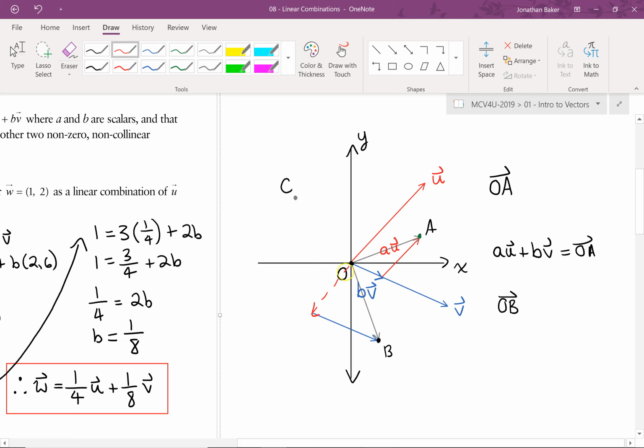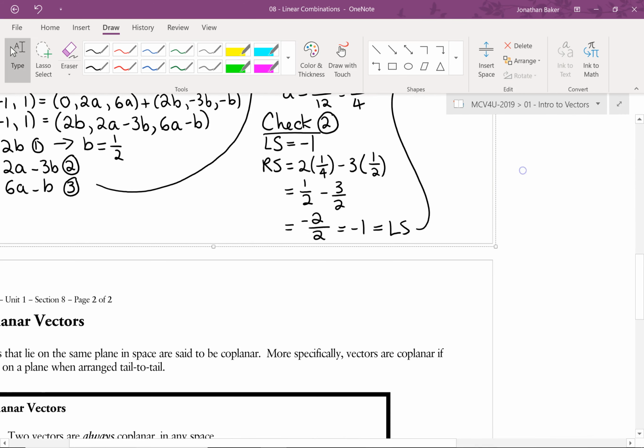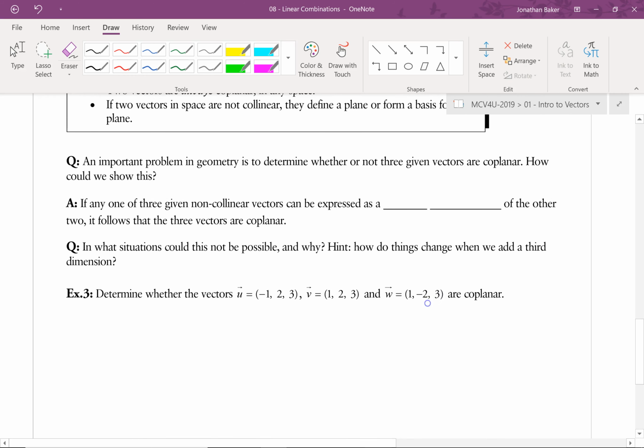As soon as you take one of these 3 vectors and point it in the 3rd dimension, we pull it out of the page. Now we can't use U and V to write a linear combination of OA, because if A is in some 3rd dimension, then we can't actually get off the page anymore. So really, this is only an issue when we're in 3 dimensions.